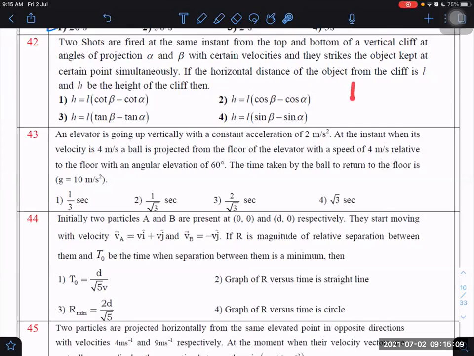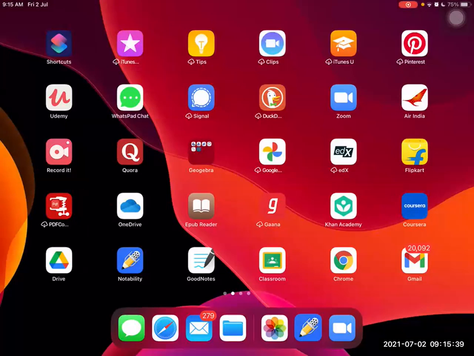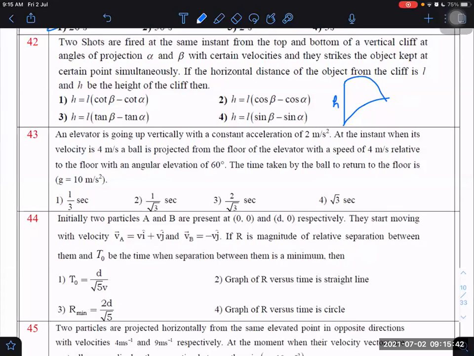Diagram first. What is the diagram? Vertical cliff. How are the particles striking? This way. So if they are striking in this way, let us say H is the distance between them.